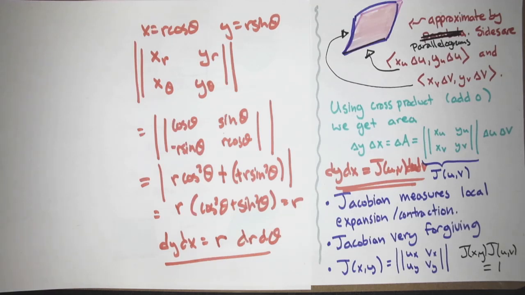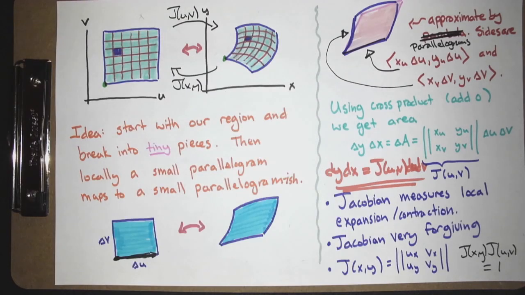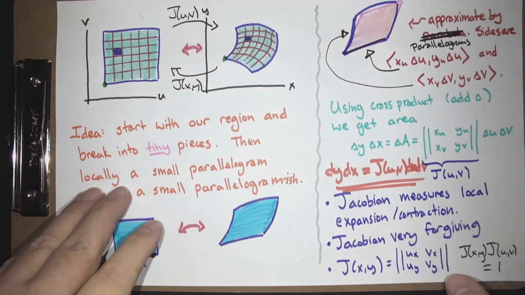Okay. So, we mentioned when it comes to changing our coordinate systems, we have to handle the function, we have to handle our region, and then we have to handle how we break things up into pieces. This was the breaking up into pieces. So, in summary, there's a procedure we must follow.